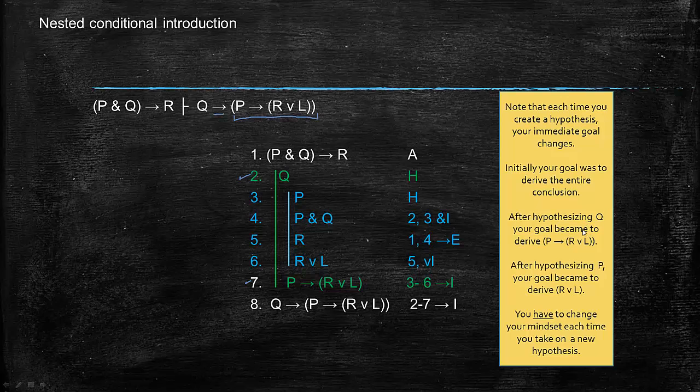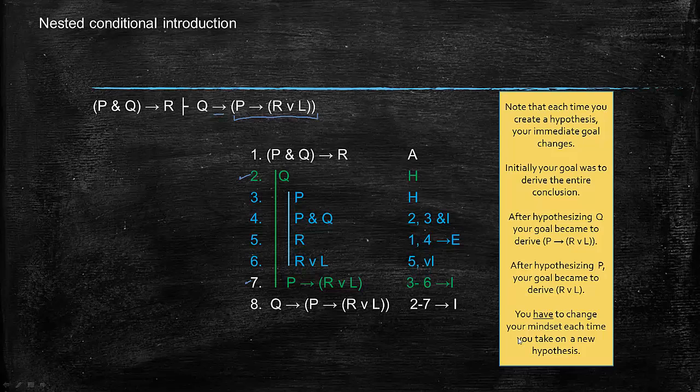After hypothesizing Q, your goal became to derive if P, then R or L. After hypothesizing P, your goal became to derive R or L. So you have to change your mindset each time you take on a new hypothesis. Remind yourself what it is that you're trying to prove.